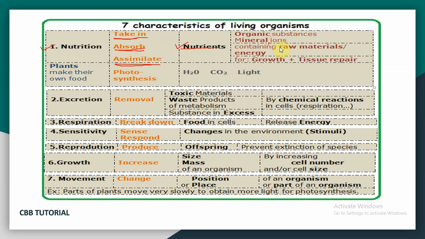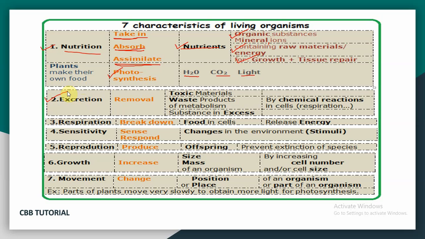We are eating rice, roti, which contain minerals, ions and raw materials, that is energy, for growth plus tissue repair. This nutrition helps growth and tissue repair. Plants make their own food by the process called photosynthesis using H2O, CO2 and light.